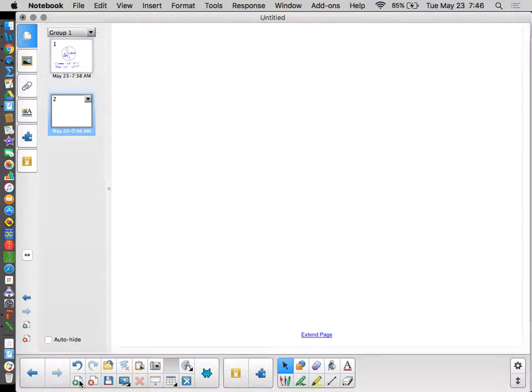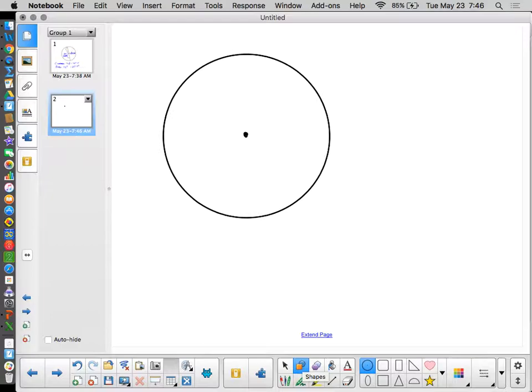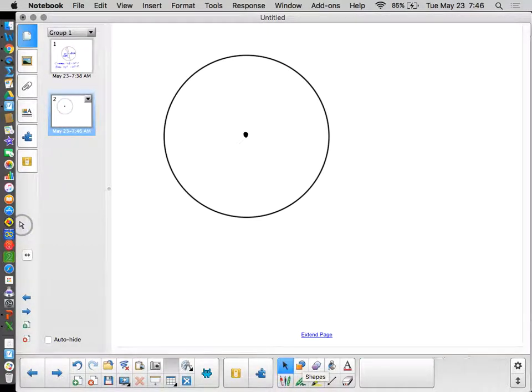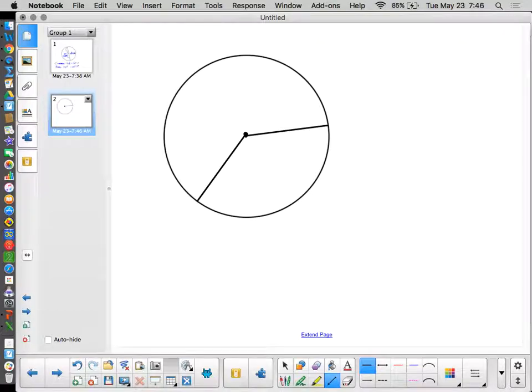The next thing we did was the sectors, along with the arc length. And it's the same idea in both situations. Given the radius of a circle, and let's say, well, I don't know if I'm going to give you the radius, because the radius might be the thing that's unknown that we need to solve for.